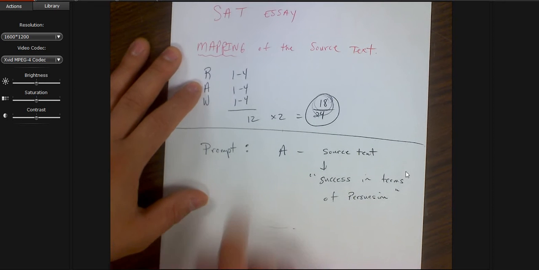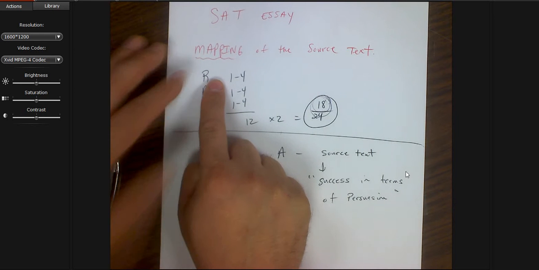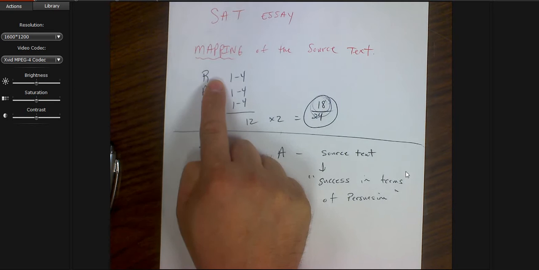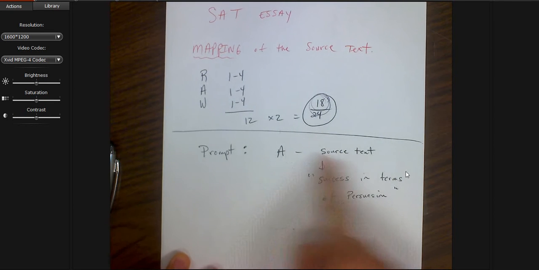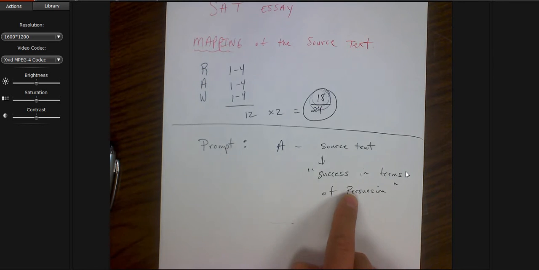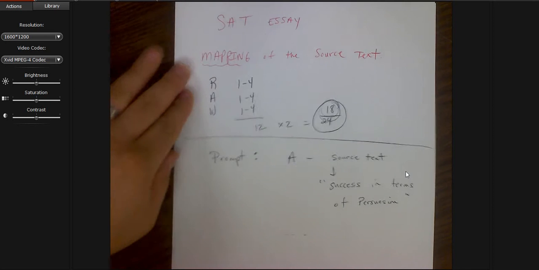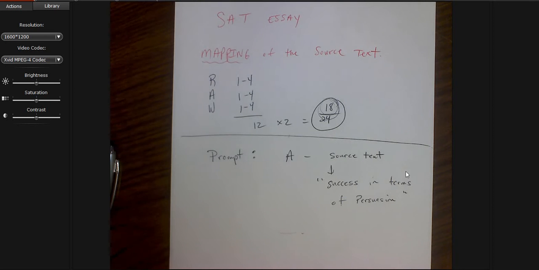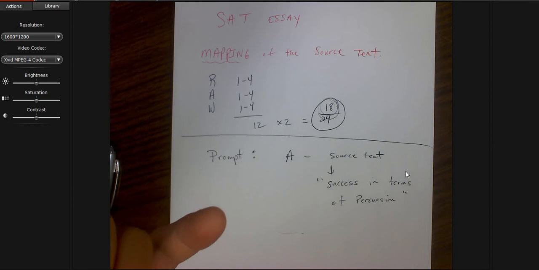That comes down to here. But then you also are graded somewhat on your reading comprehension, your ability to read the source text. If you cannot understand the source text first, you're not going to be able to identify where the success is in the source text. And so it is a very good prompt to assess your skills in these 3 areas, but it's also a different type of prompt and a very difficult prompt for some students.